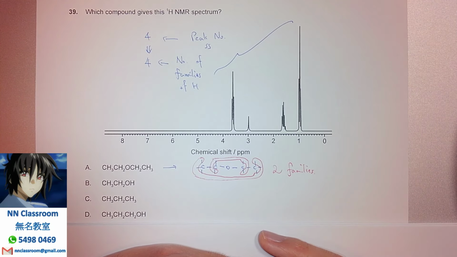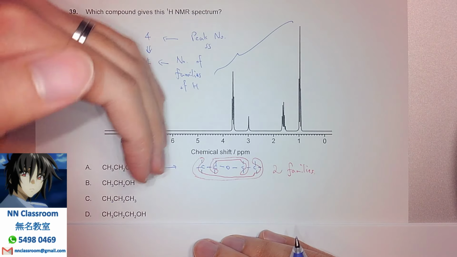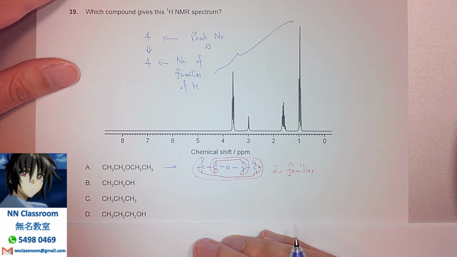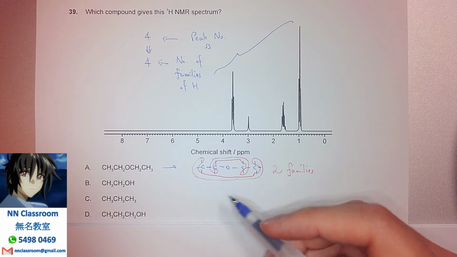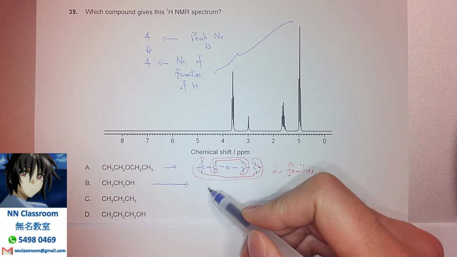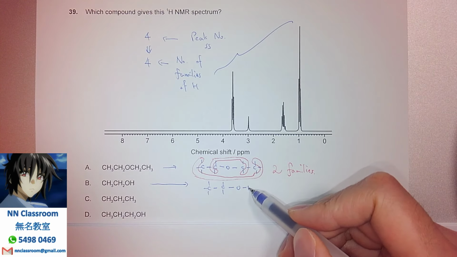Because the bonding pattern is so symmetrical that the left side reflects the right side. So that's why here we do not see 4 families but only 2 families, because the 2 sides are symmetrical. That's why the number of families is smaller than expected. Make sense? So for B, in this case, it is ethanol with CH3, CH2, and O single bond H, right?